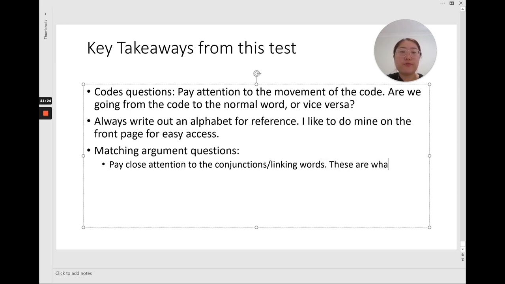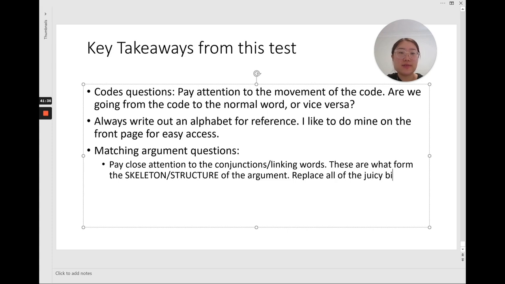These are what form the skeleton, okay, or structure of the argument. Replace all of the juicy bits, or like the subject, object, those bits, okay, with letters. So A, B, C, like we practiced, because that's going to make it easier for you to really zone in and see the actual skeleton.